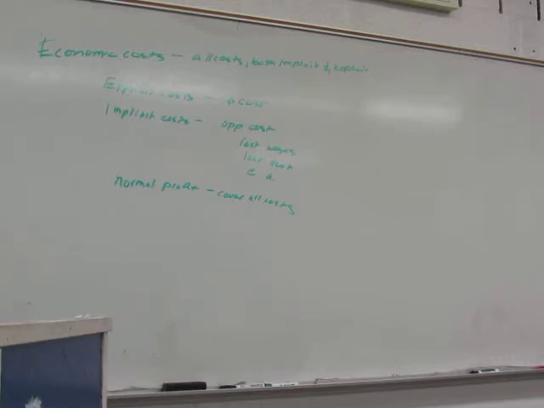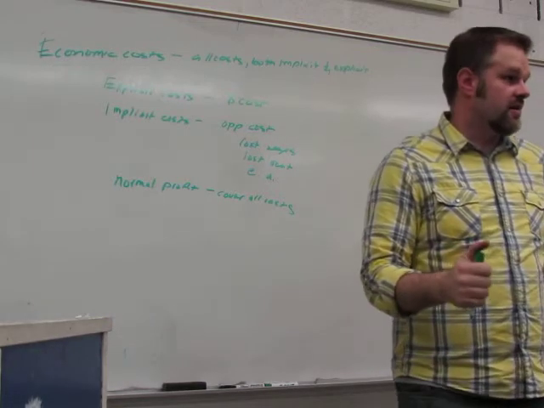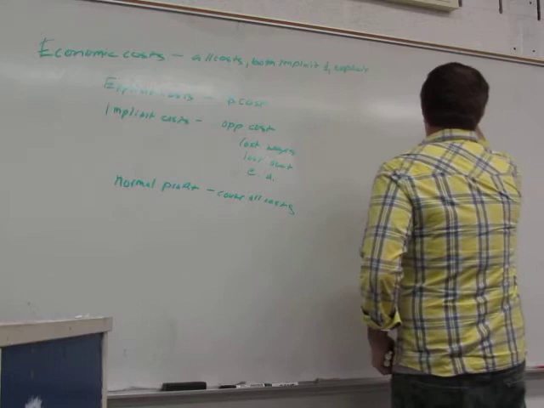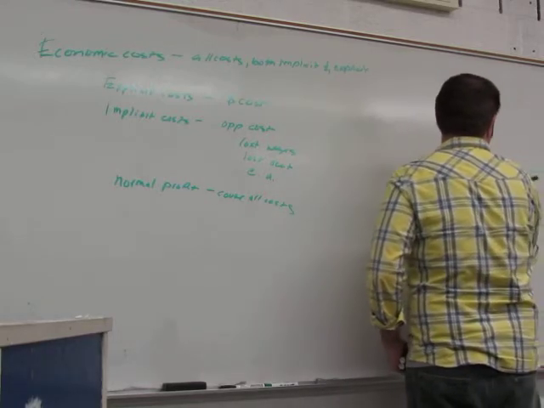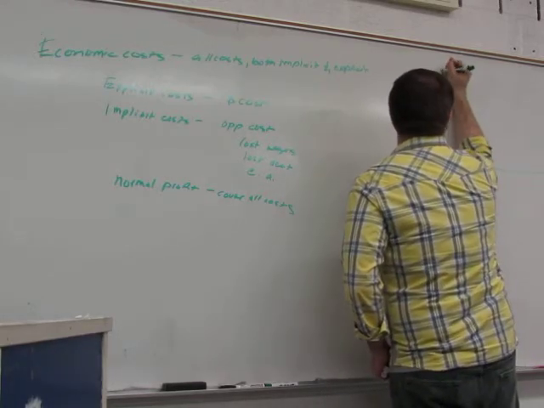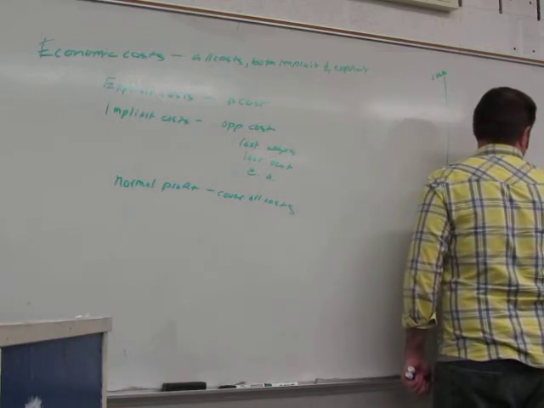All right, let's jump to our types of costs. So as a business, not only do we have implicit and explicit, we also have to account for our fixed costs and our variable costs. All right, so if we have a graph that looks like this, these are costs, this is quantity.